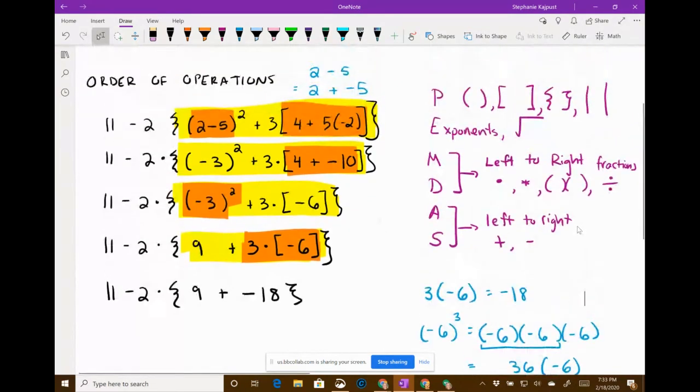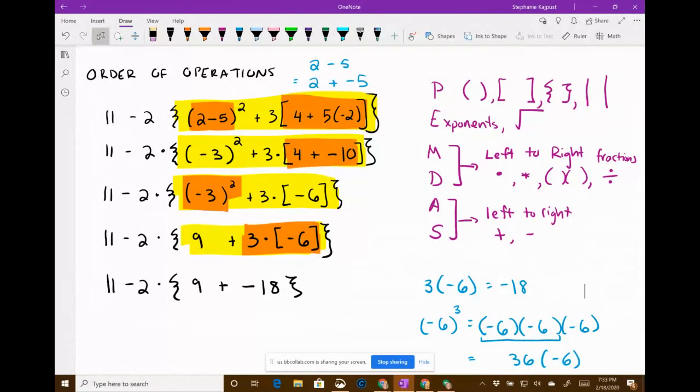So Sabrina is asking whether the brackets are basically the same thing as a parenthesis, and they basically are. So you can treat brackets as parentheses. Those curly braces can be parentheses.